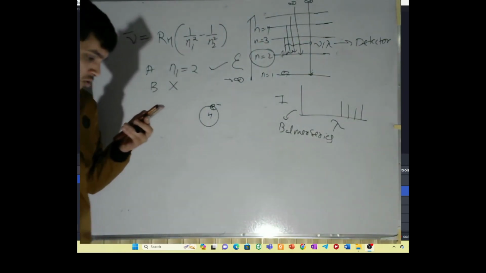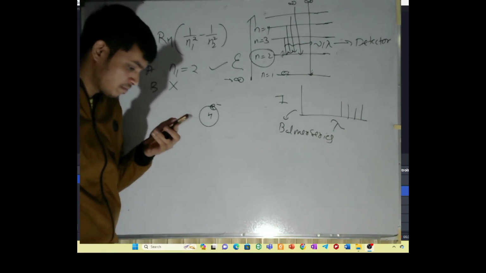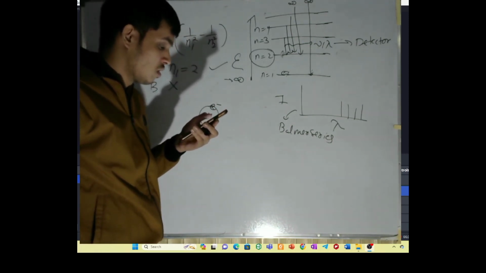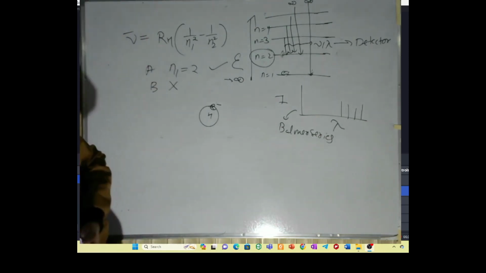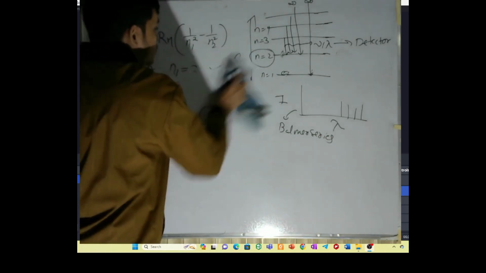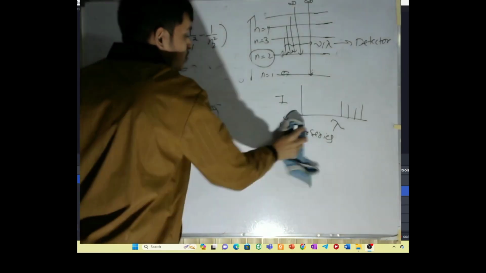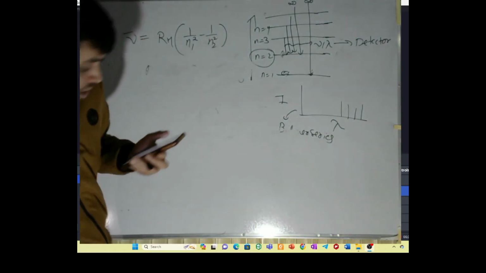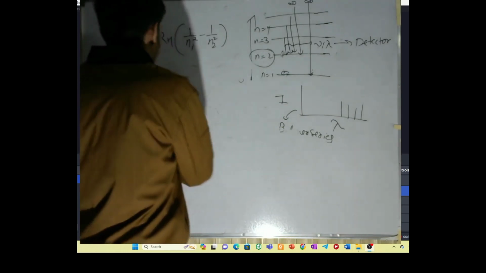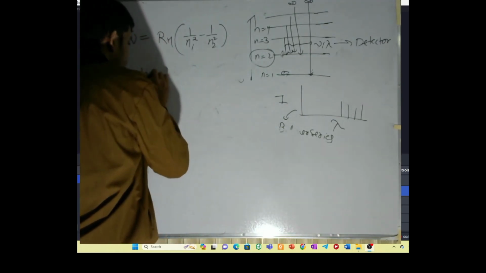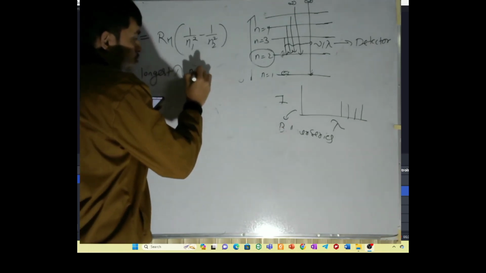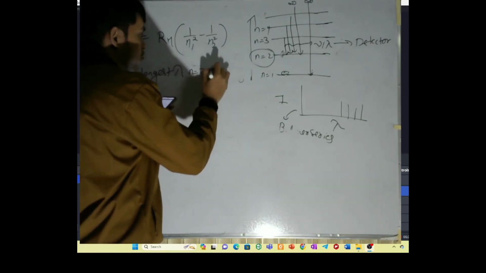Let's check the third option, that the line of longest wavelength corresponds to n is equal to 2 to n is equal to 3.